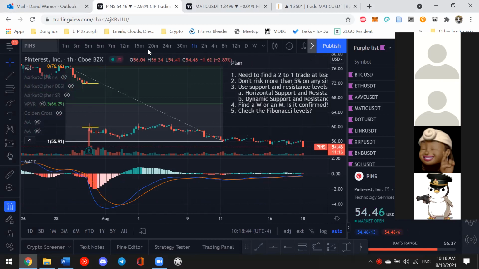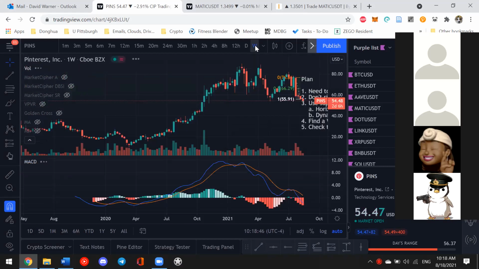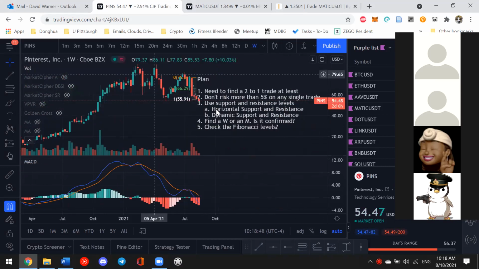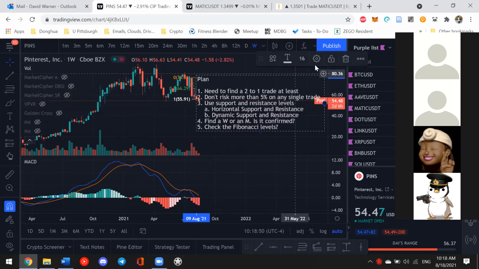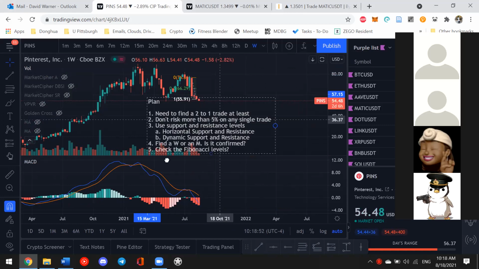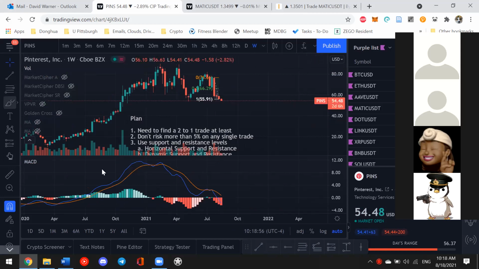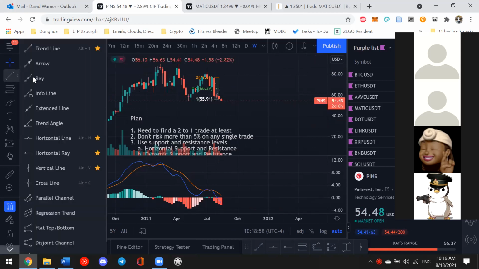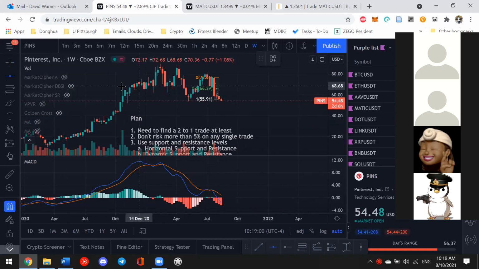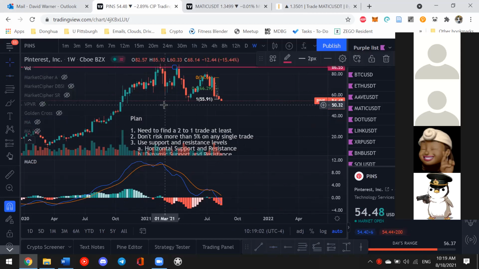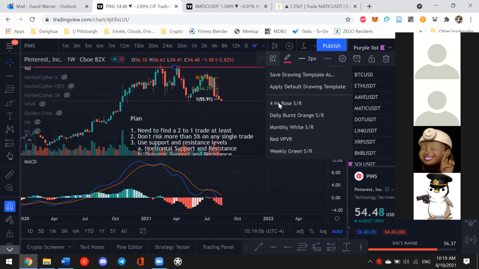If you remember, you go to the weekly and you choose your important levels. You start making your horizontal lines at levels that seem important to you, and you make sure that you label them.